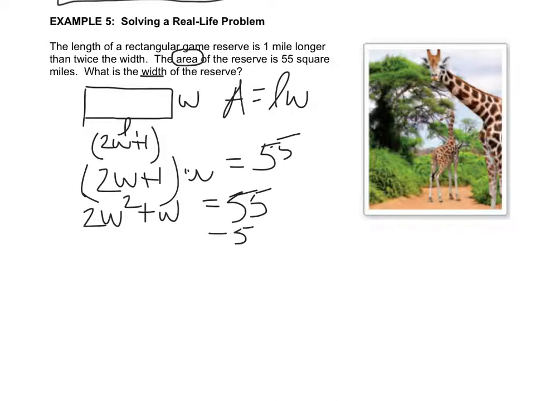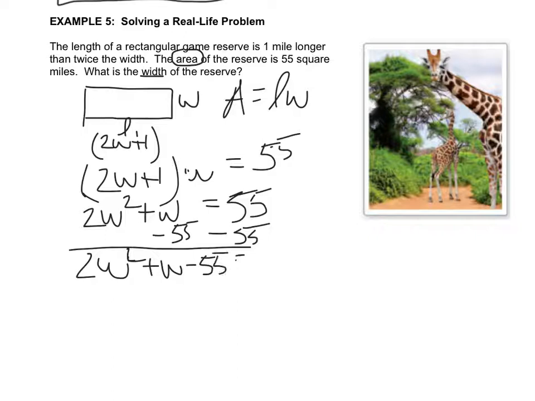So I would use my inverse operations to move the 55 from the right-hand side over to the left-hand side, leaving us with 2w squared plus w minus 55 equals 0. Again, that 0 is key for us to be able to use our factoring. So here we are back with the ax squared plus bx plus c.